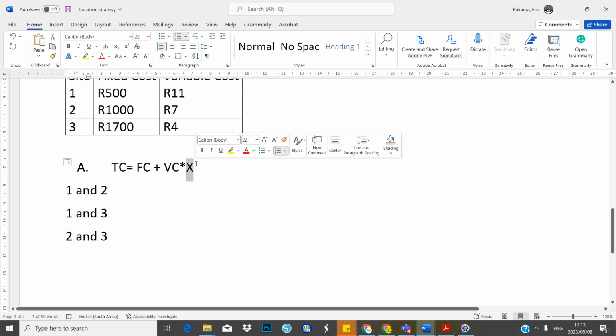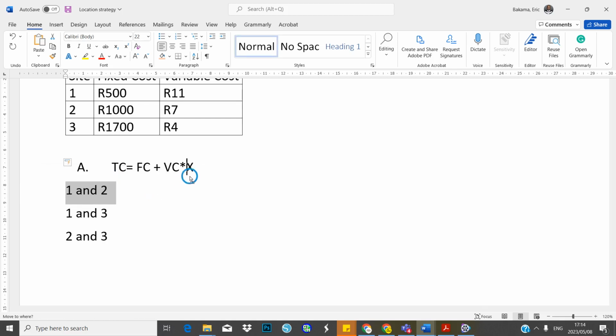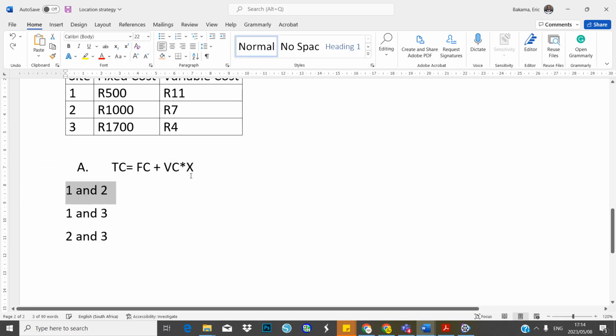This means that if I take how much I pay per month plus how much I pay every employee per month times my number of employees, I get my total cost. This is the formula we will use here. We need to find a point whereby the total cost of site 1 is equal to the total cost of site 2, and vice versa.